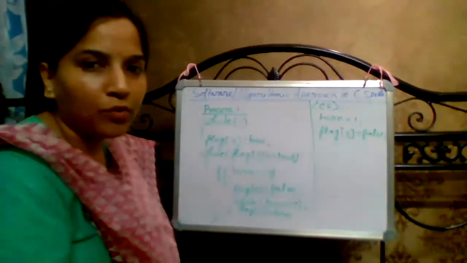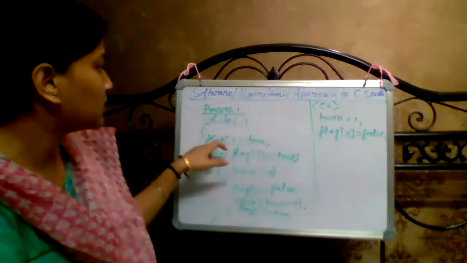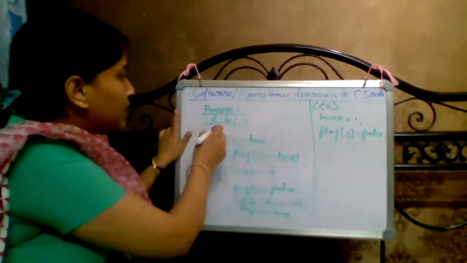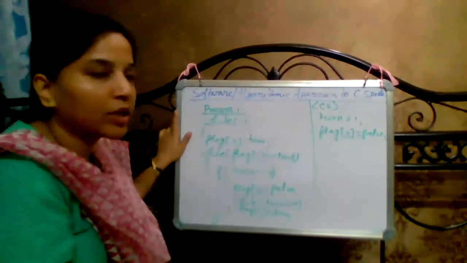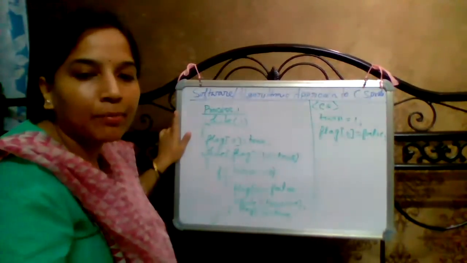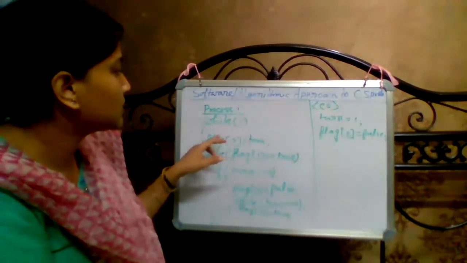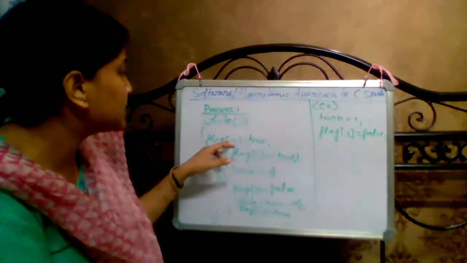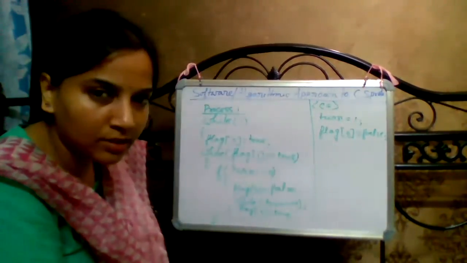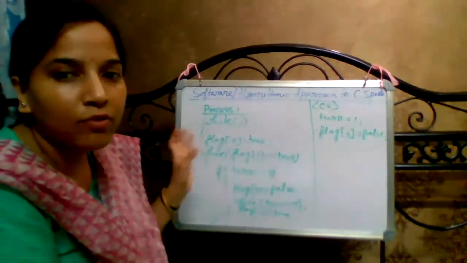Here is the code for process 1. We consider two processes, process 1 and process 2, and first discuss process 1. Inside while true, when process 1 wants to enter its critical section, it first sets flag[0] to true, meaning it wants to enter.